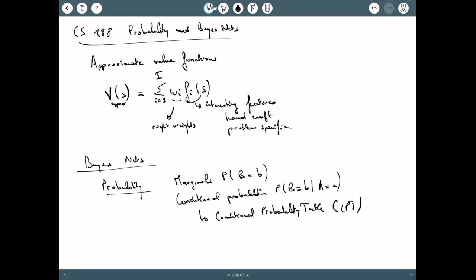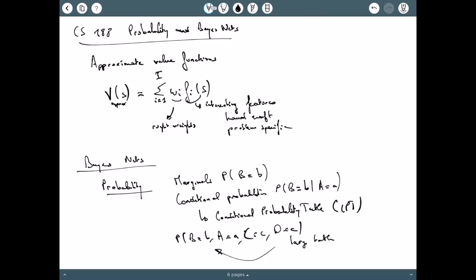Why are these useful? Well, we could use another object that's called a joint probability. But the problem is that here, if we do this, we'll have a large table if we choose to consider more variables.